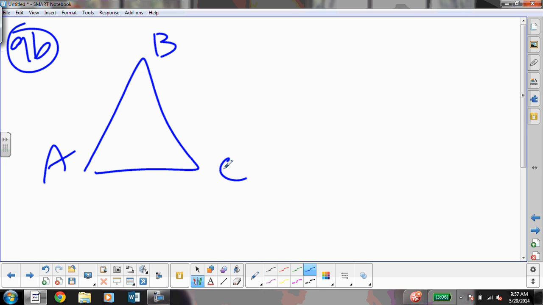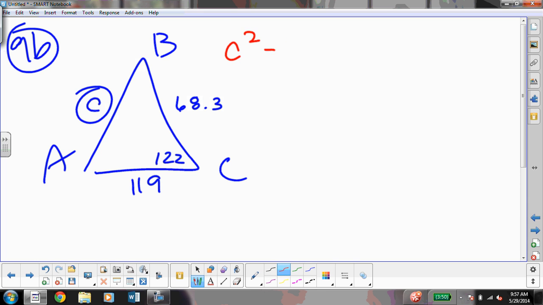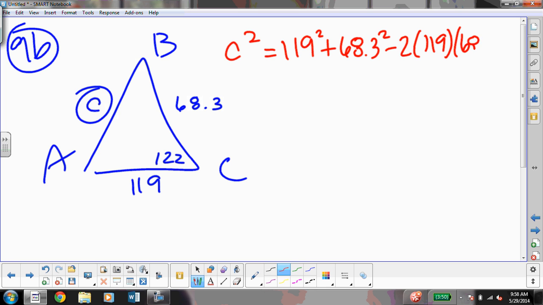For 9b, I know that angle C is 122. I know that side b is 119. And I know that side a is 68.3. And I want to find side c. This is a direct application of the law of cosines. c squared is going to equal 119 squared plus 68.3 squared minus 2 times 119 times 68.3 times the cosine of 122.